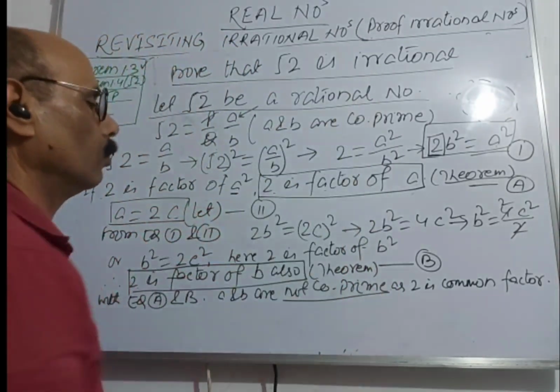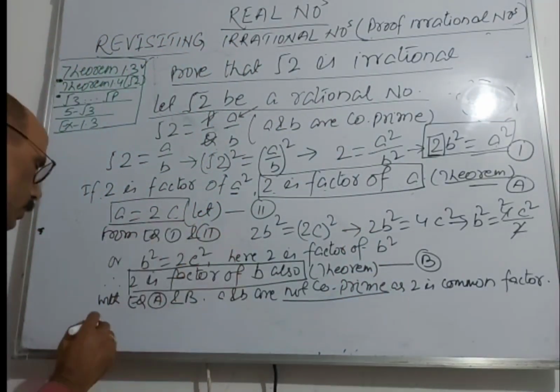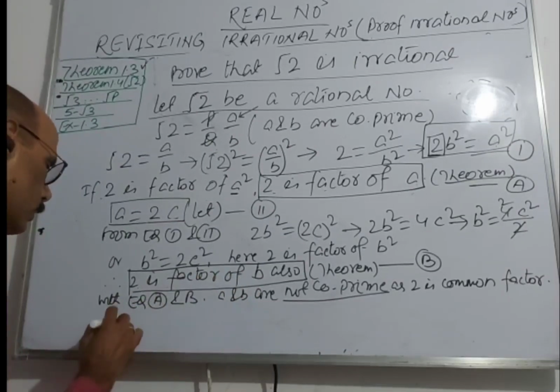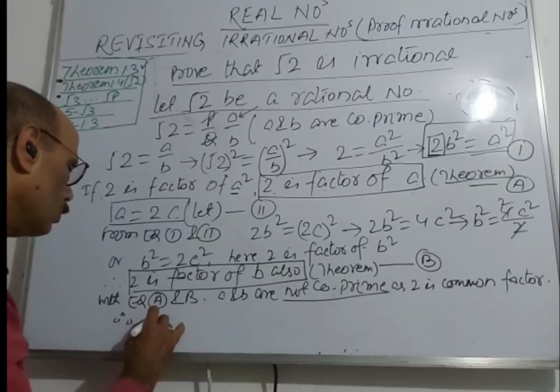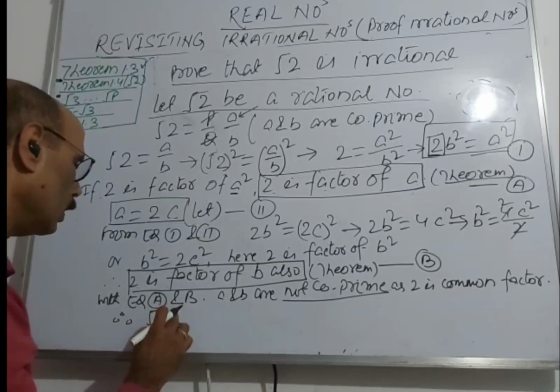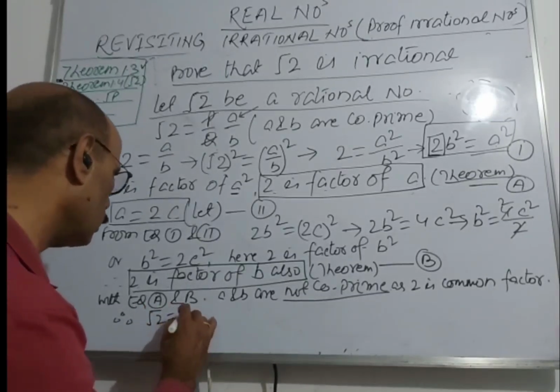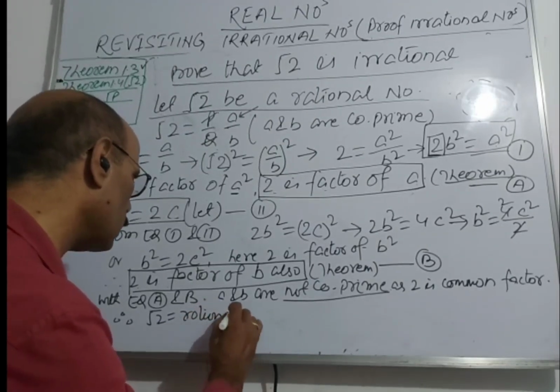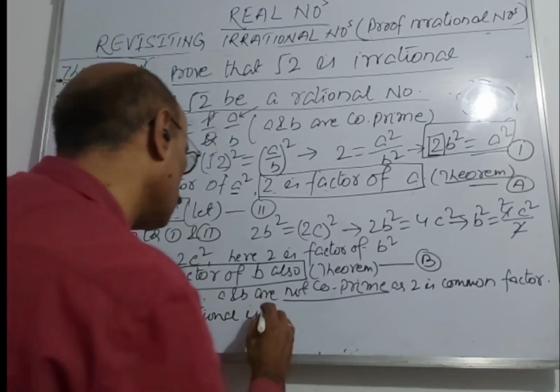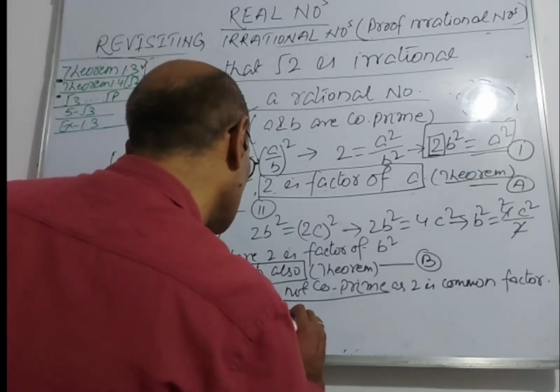Here we assumed it is co-prime, so this is a contradiction. Therefore the assumption that root 2 is rational is wrong.